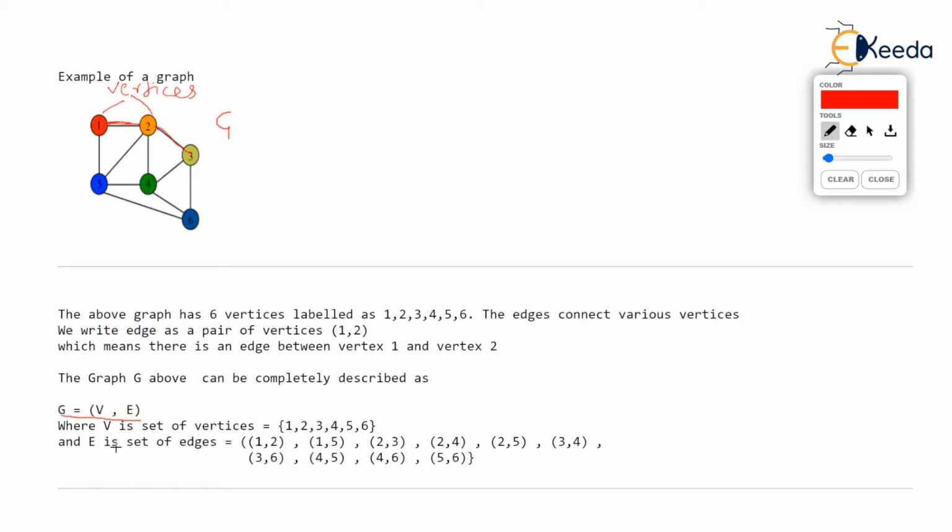So 1 comma 2 means that there is an edge from 1 to 2, or 1 comma 5 means there is an edge from 1 to 5, or 2 comma 3 means there is an edge from 2 to 3, and so on. So all these edges have been written as ordered pairs. One thing to understand here is that the diagram which I have drawn over here on the top is not at all important practically. Practically, what is important is the definition.